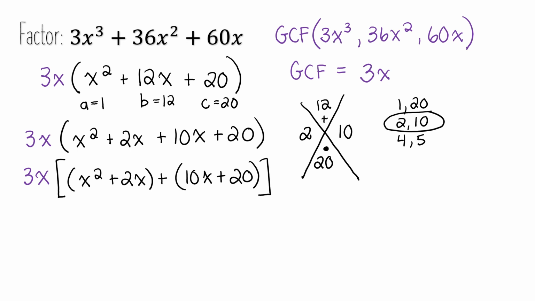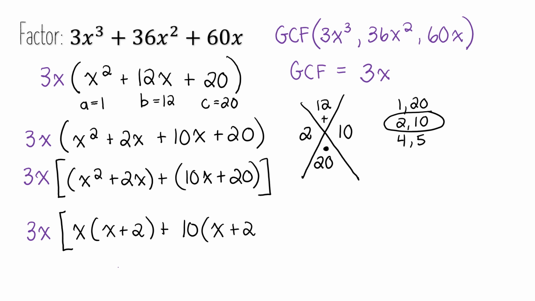And I'll factor the greatest common factor from each group. So I have 3x times the greatest common factor between x squared and 2x is x. So I have x times x plus 2, plus the greatest common factor between 10x and 20 is 10. So plus 10 times the quantity x plus 2.